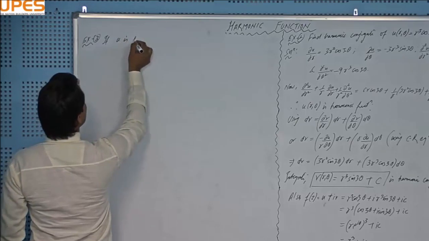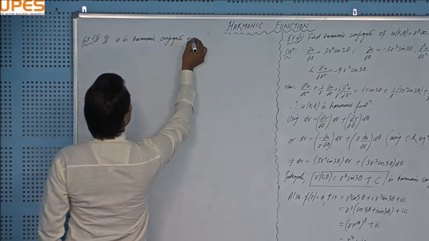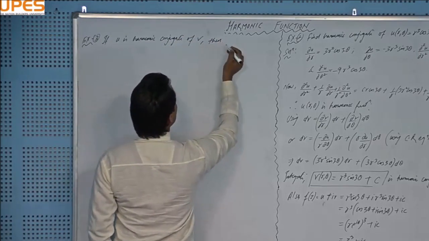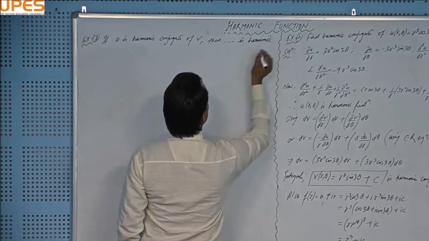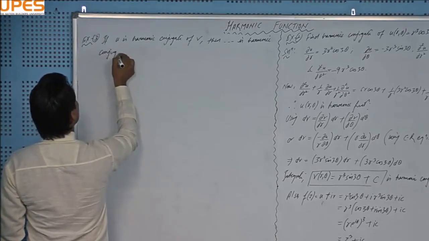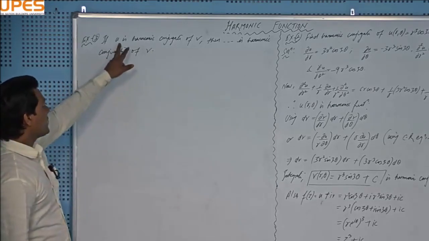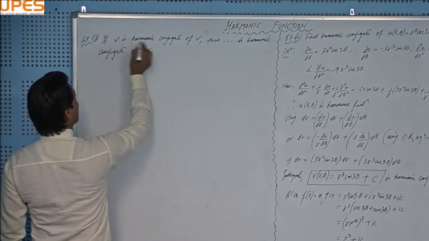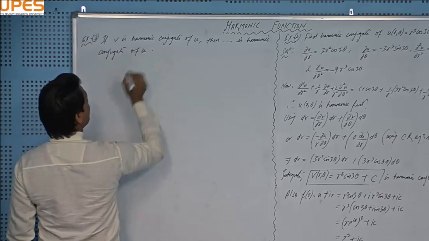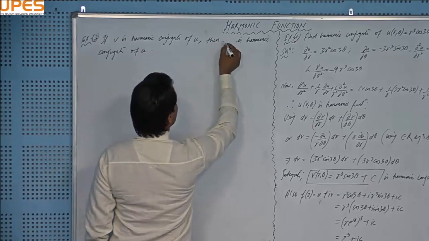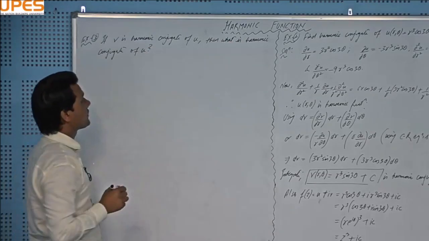If u is harmonic conjugate of v, then prove that it is harmonic conjugate of v. So you are given that v is harmonic conjugate of u, and what is the harmonic conjugate of u? What is the harmonic conjugate of u, right?